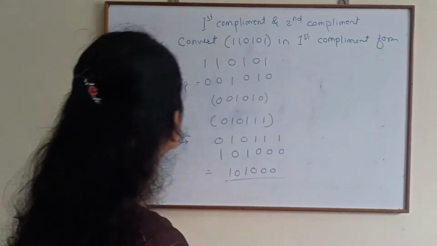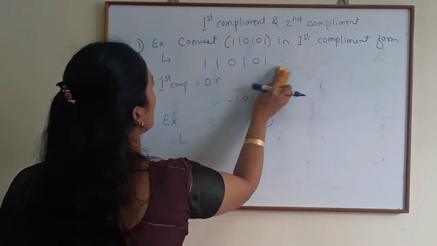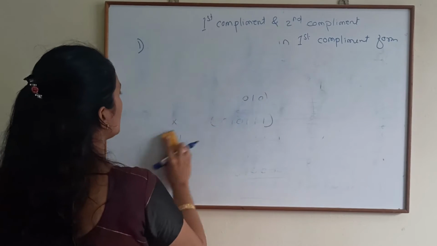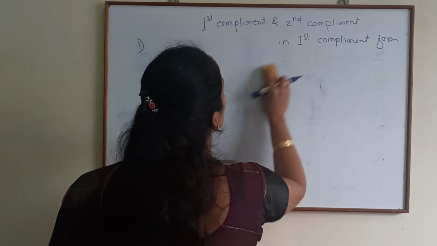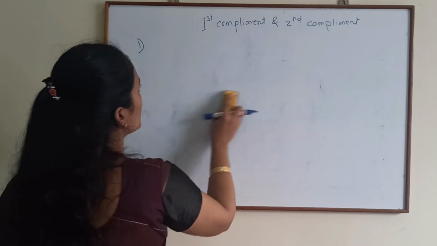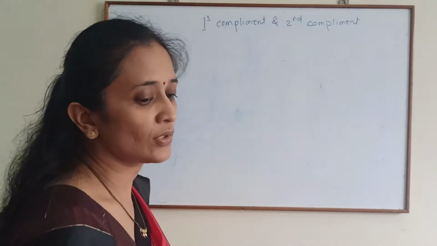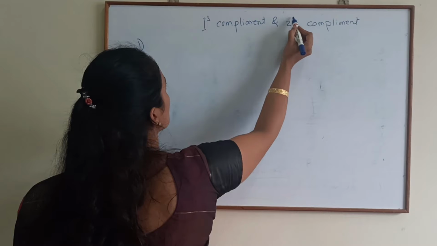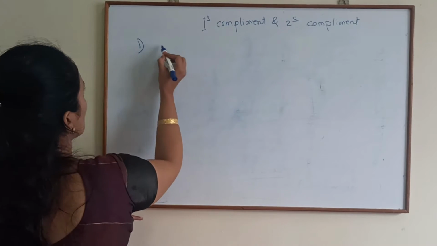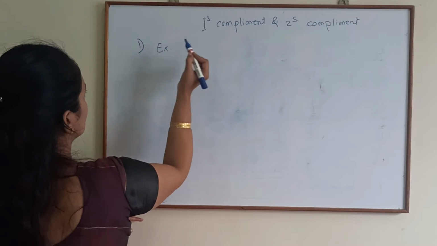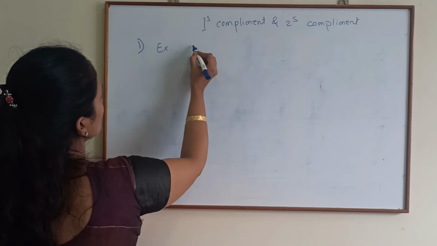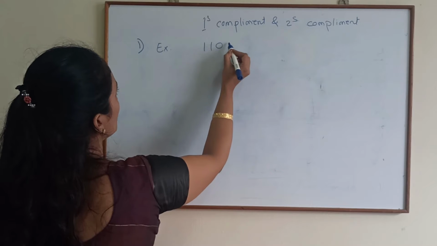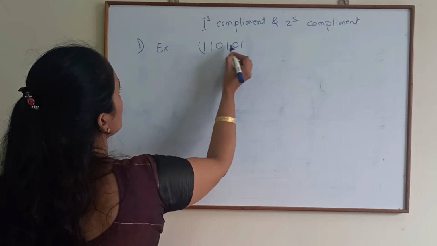Now we will learn how to find out 2's complement. 1's complement and 2's complement, or first and second complement. For example, find out 2's complement of given binary number 110101.